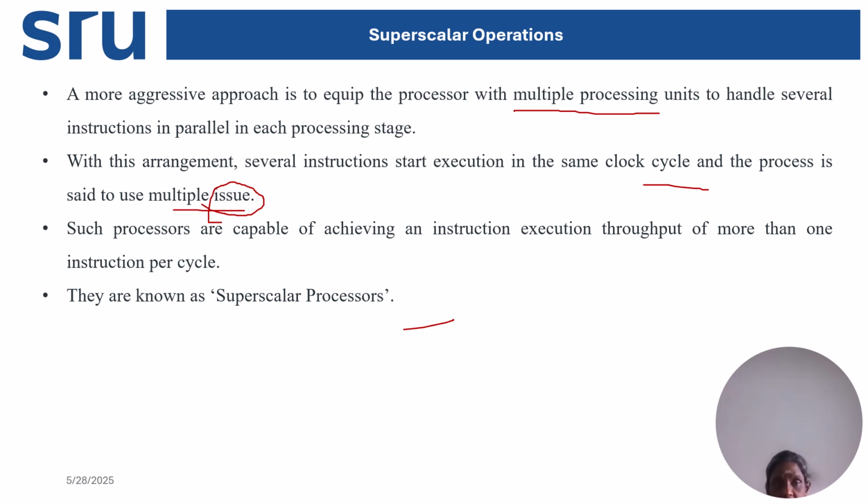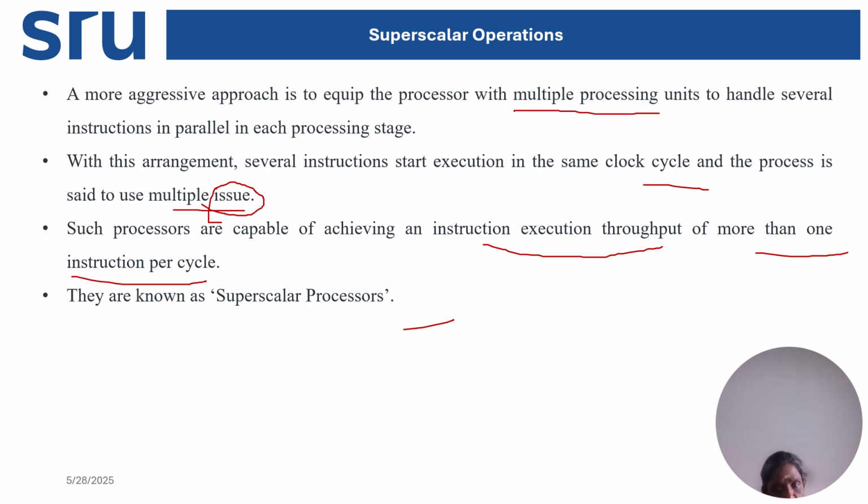Such processors are capable of achieving an instruction execution throughput of more than one instruction per cycle. So throughput is defined as the number of instructions per one clock cycle. Normally, for one clock cycle, one instruction.